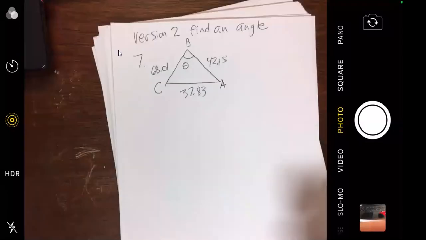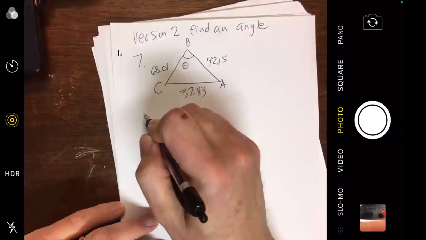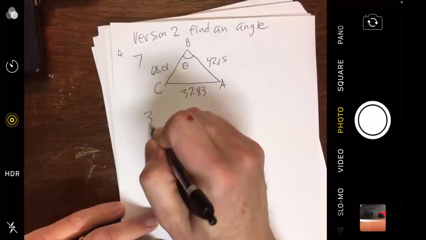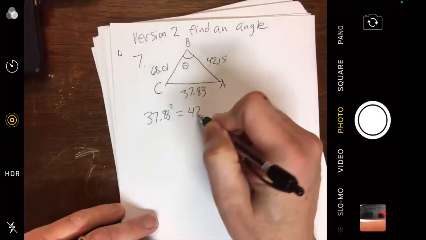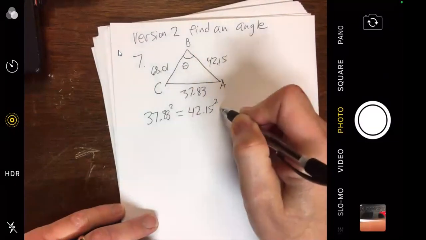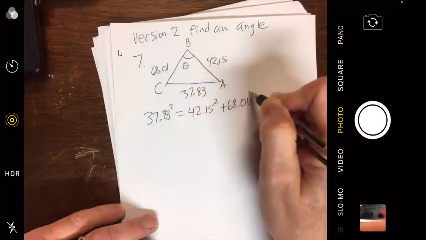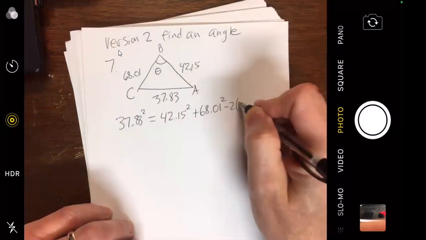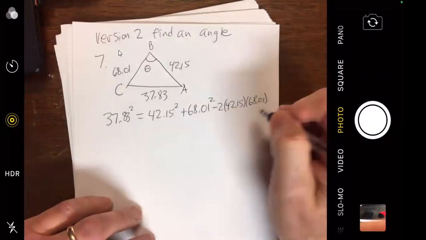Number 7. Okay, I set this up the same way. If I want to know this unknown angle, I start with the opposite side to it. The other two sides don't matter what order they go in. Minus twice, same two sides. Cosine theta.